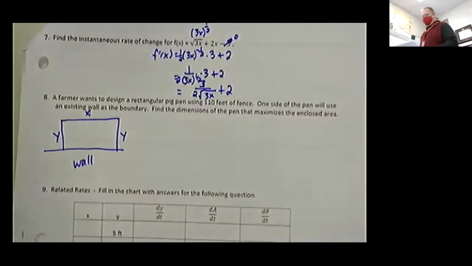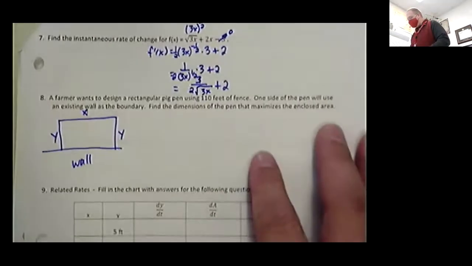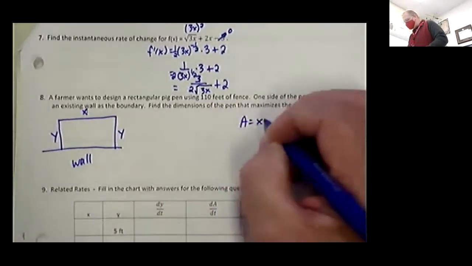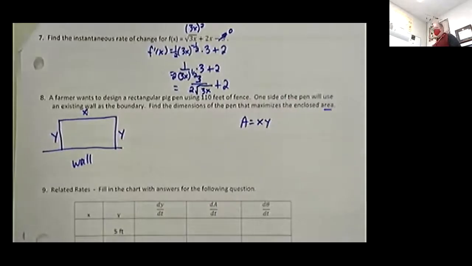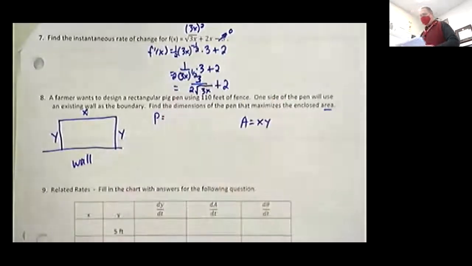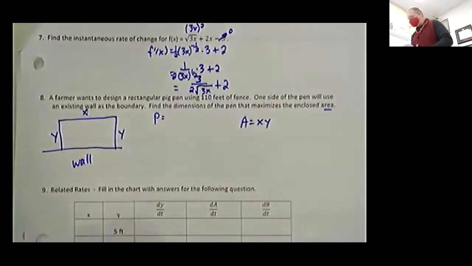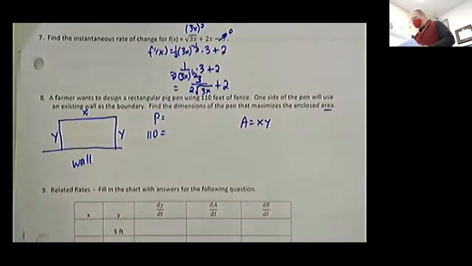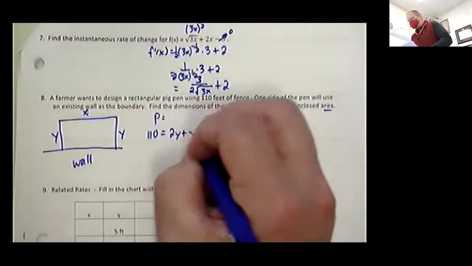We need a formula. We're going to maximize area. So area is equal to X times Y. We don't want to use two variables. We want to use one variable. To get rid of a variable, we're going to use perimeter. The length of our fencing is 110, and that equals 2y plus x. Good.